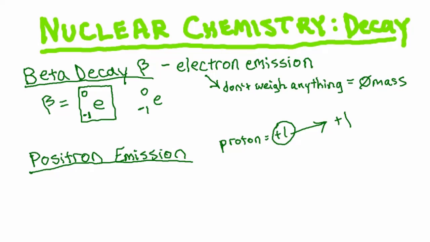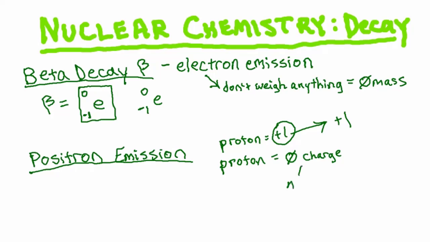So what do you think happens in positron emission to the proton if the proton gives up its +1 charge? Because by definition, a proton has to be a +1 charge. But that would mean if the proton gives up its +1 charge, now it has a 0 charge. But what other item in the atom has a 0 charge that would fit that definition?